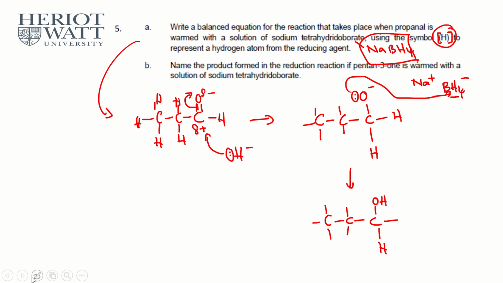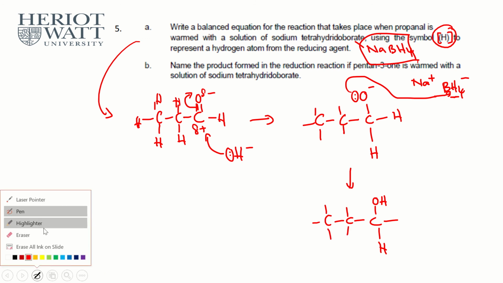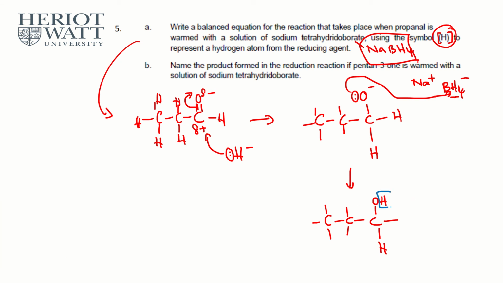Now let me highlight that. So the overall reaction is by adding 2 hydrogen into it. So one is to the O, and one is to the same carbon. See that? Which is exactly the opposite of oxidation. Still remember? Oxidation of an alcohol is removing 2 hydrogen.